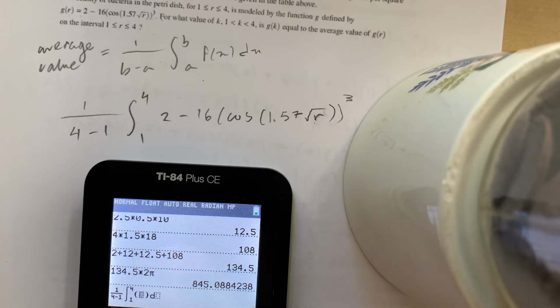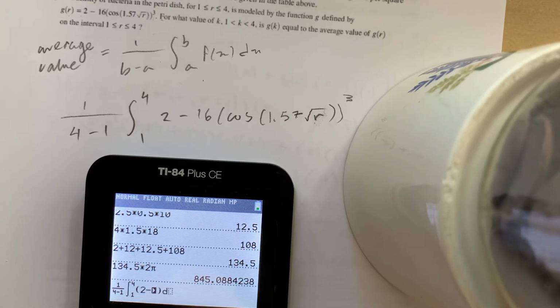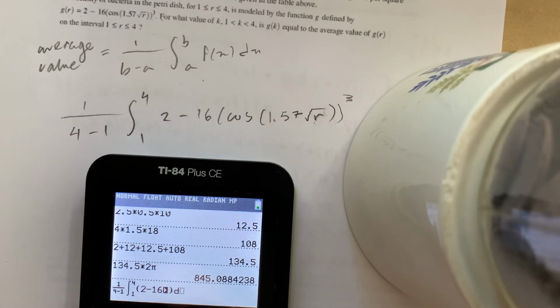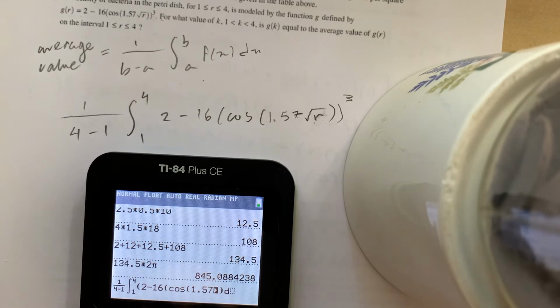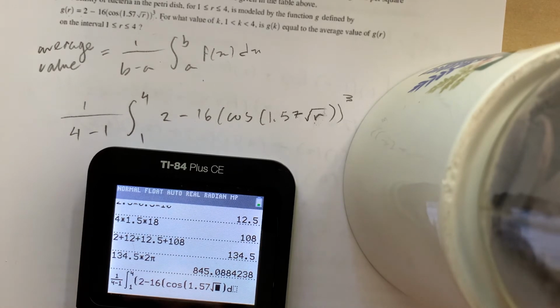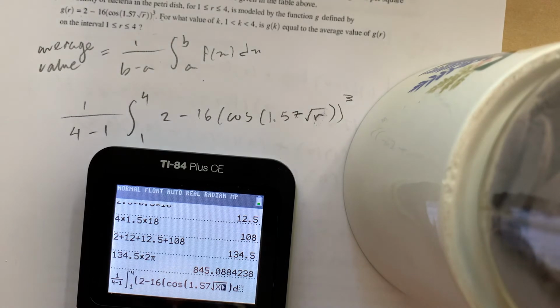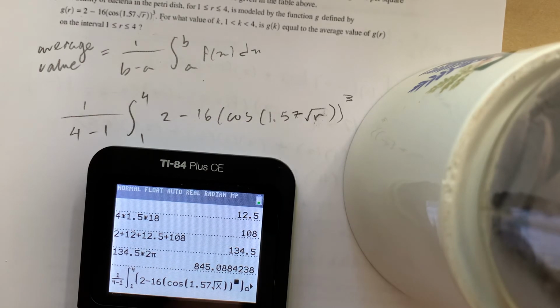And then I'm going to input this formula for g of r. So it's going to be 2 minus 16, and then I'm going to put parentheses, cosine 1.57, and then x. And I'm going to close this, go 3, and say dx.